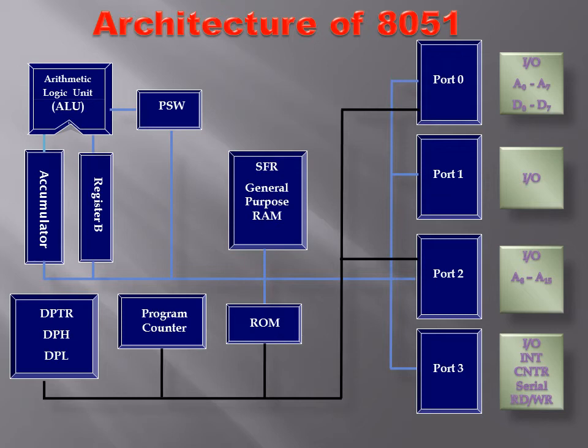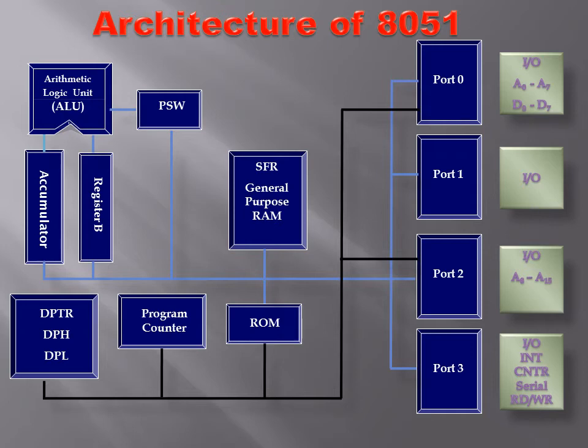So port 0 is A0 to A7 or D0 to D7, or the 8 pins of ports, then individual 8 lines as well, or bit set reset type of individual bits also.